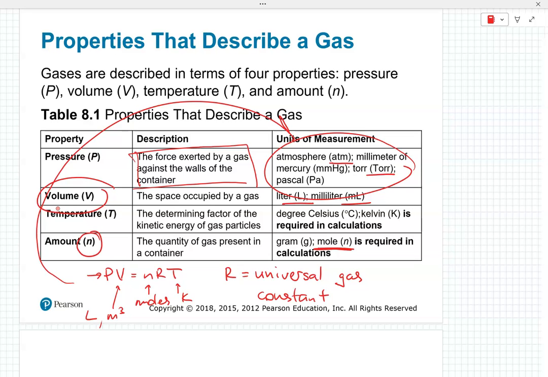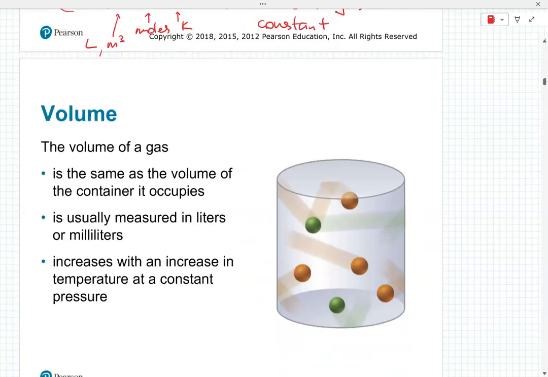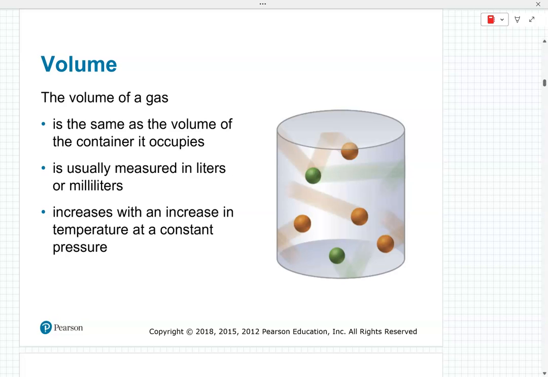And if you increase the amount, it will also probably increase pressure. Okay? Does that make sense? Now, volume. Well, same as the volume of the container. Does that make sense? Okay.